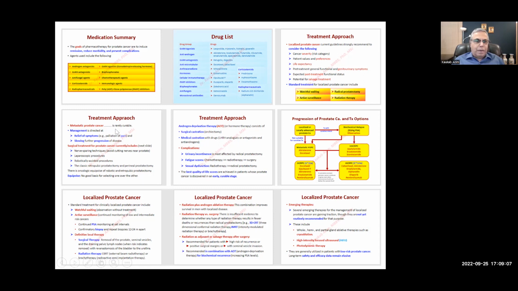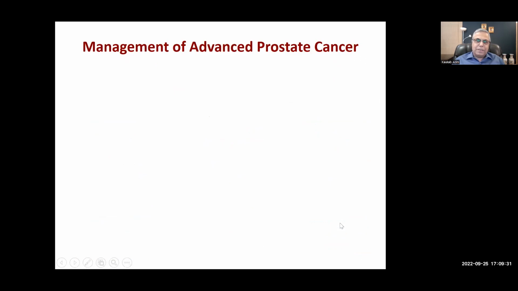Then we have treatment approaches for metastatic cancer, which is not curable. Then we did a treatment approach, which is androgen deprivation therapy, surgical castration, or medical castration, or treatment of complications. I gave you an algorithm for treatment, and then we discussed different treatments for the localized prostate cancer, right?